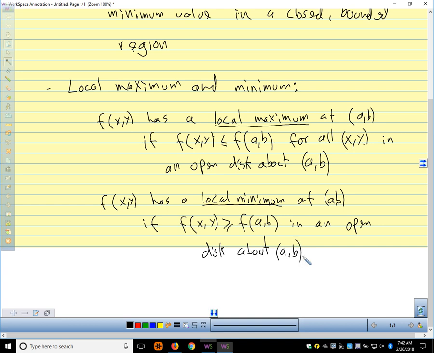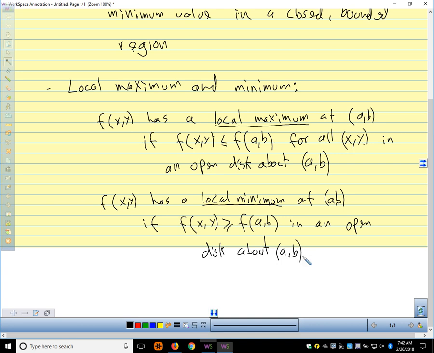If you had a horizontal plane, then every point on the plane would be a maximum and a minimum. So it can be equal. What local maximums and local minimums tell us about is how the function compares to nearby values. And nearby just means we define our nearby as how big we make our disk.